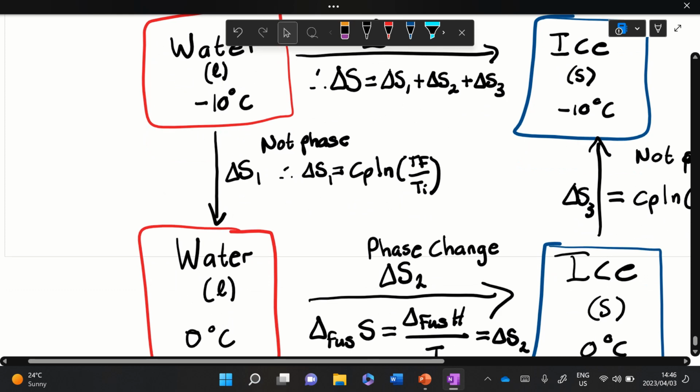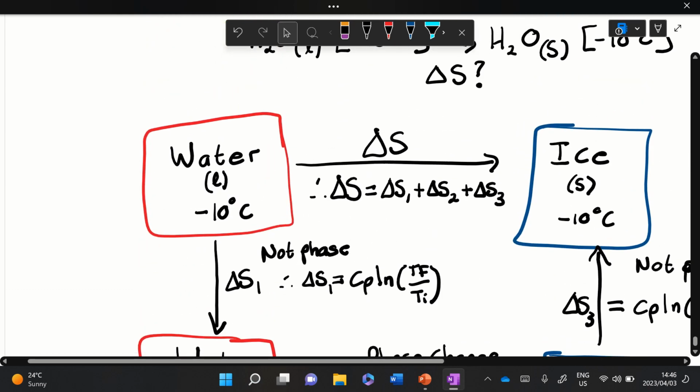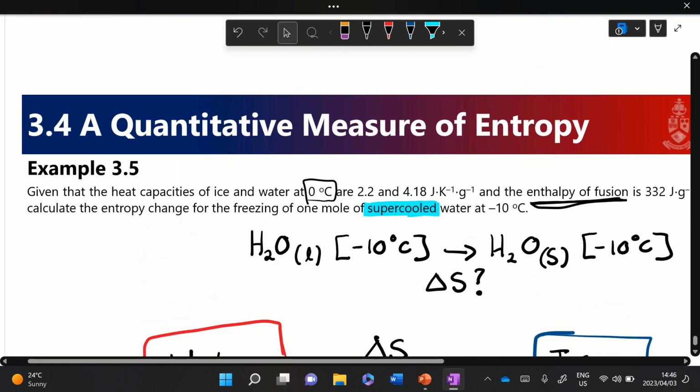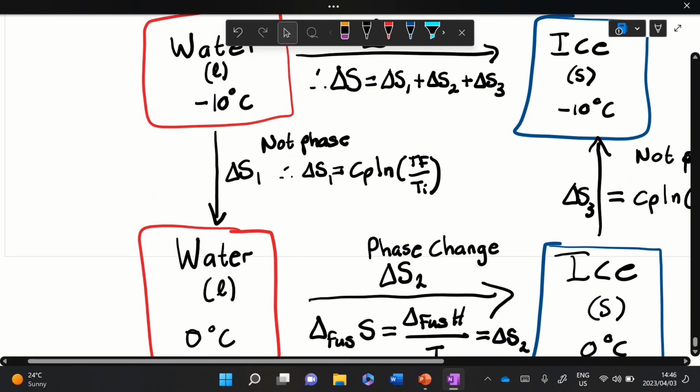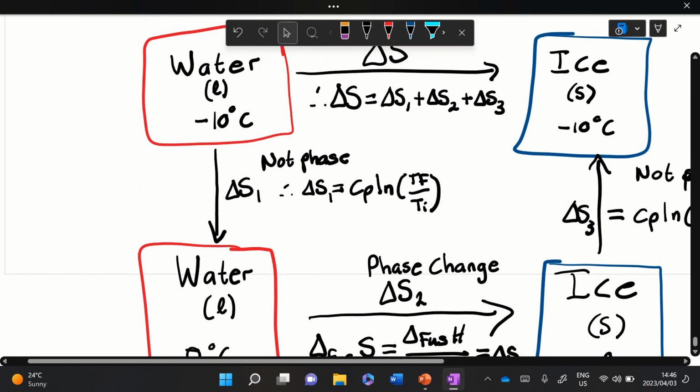So what is it? Cp of liquid water is delta S1. So what did it say of liquid water? The heat capacities of ice, so that's solid water, and water, so liquid water at 0 degrees Celsius. So in other words, we can use it for that.